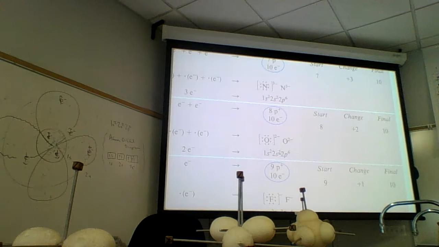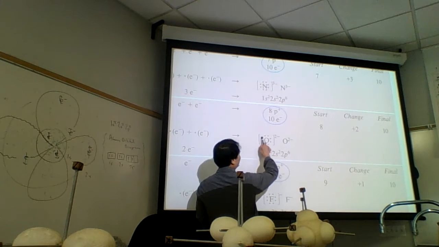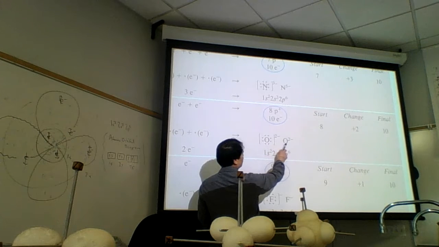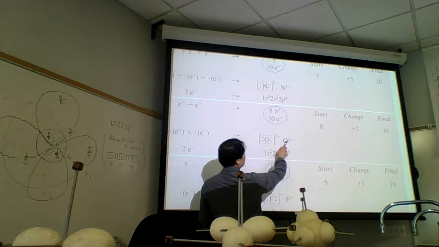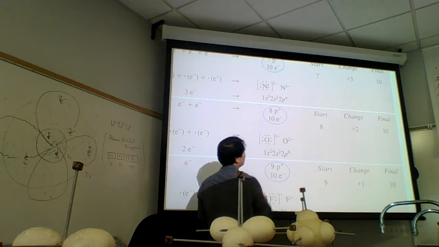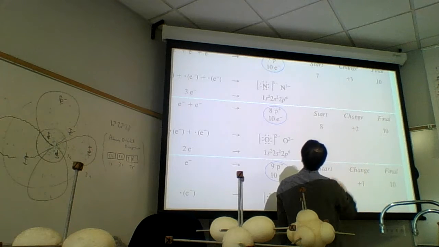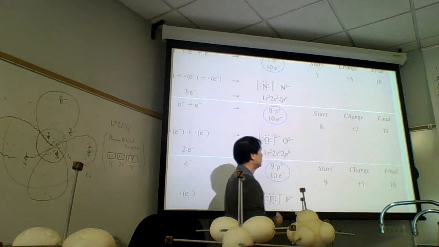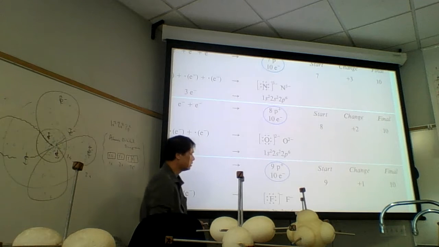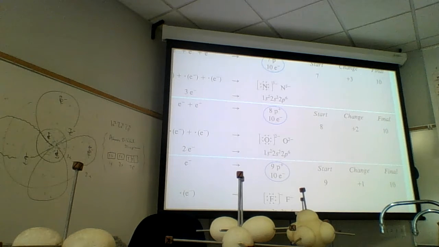Oxide has an octet of electrons. It's a filled valence shell now, an octet with a 2- charge. Here's the formula: O2-. 8 protons and 10 electrons give us the 2- charge. And altogether, it has 10 electrons now, which is isoelectronic with neon. Iso just means the same number of electrons.